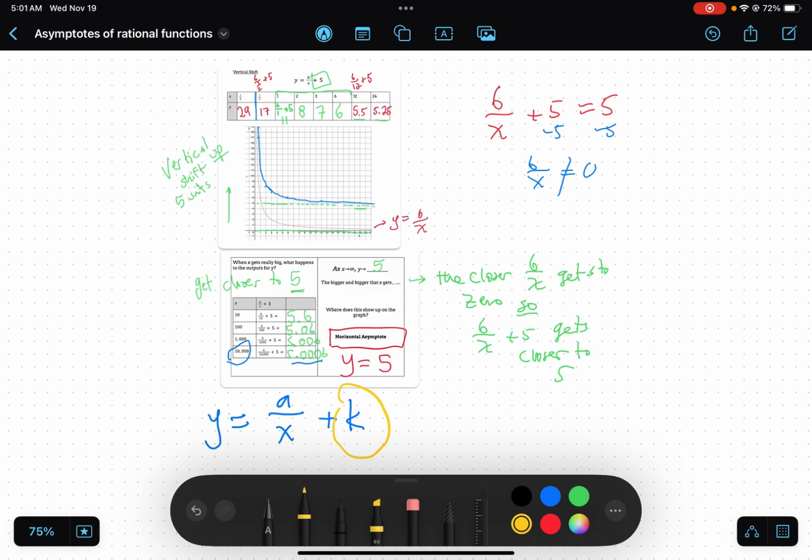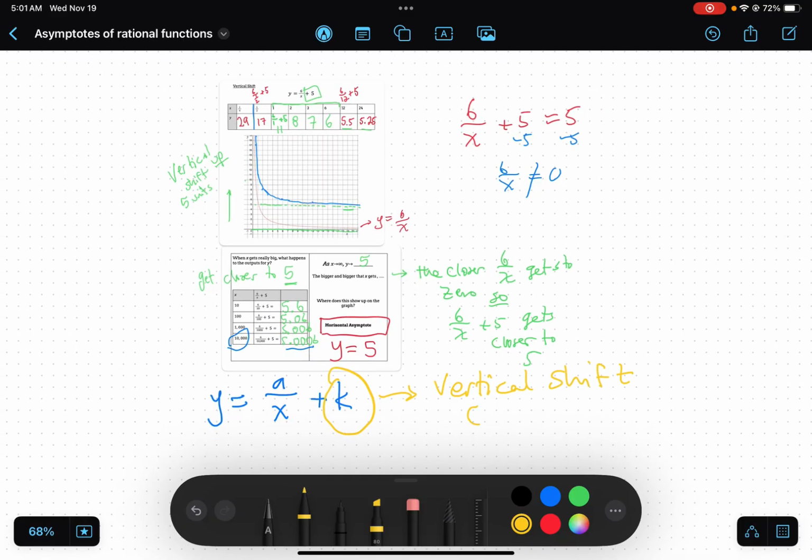And this k causes there to be a vertical shift, which changes the horizontal asymptote. It's okay if that doesn't make total sense to you yet, but we're going to work on that more in class.